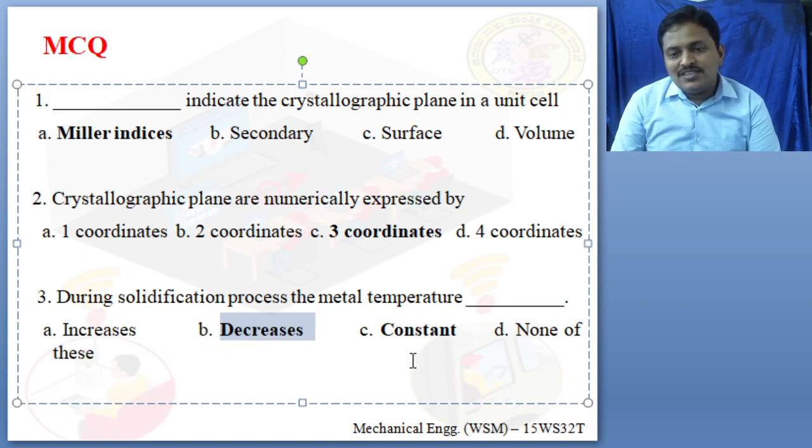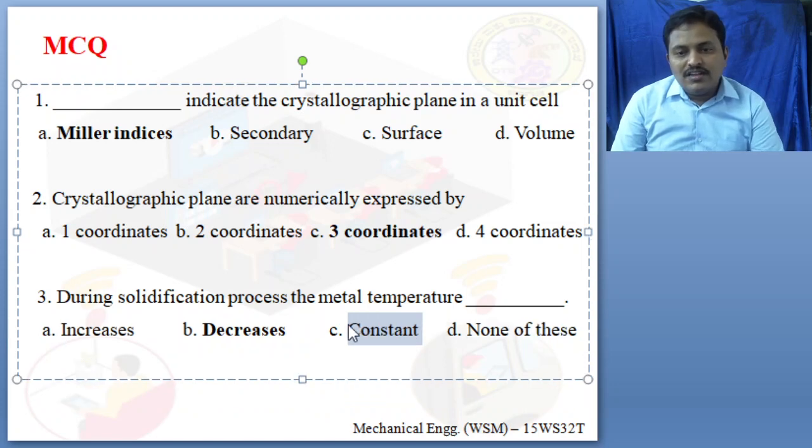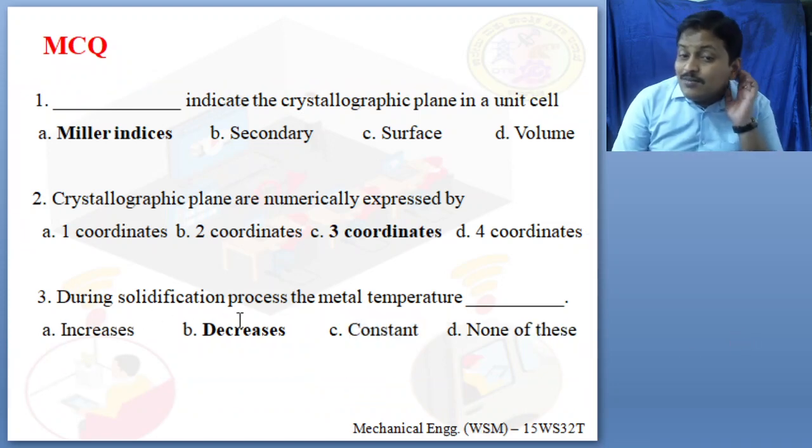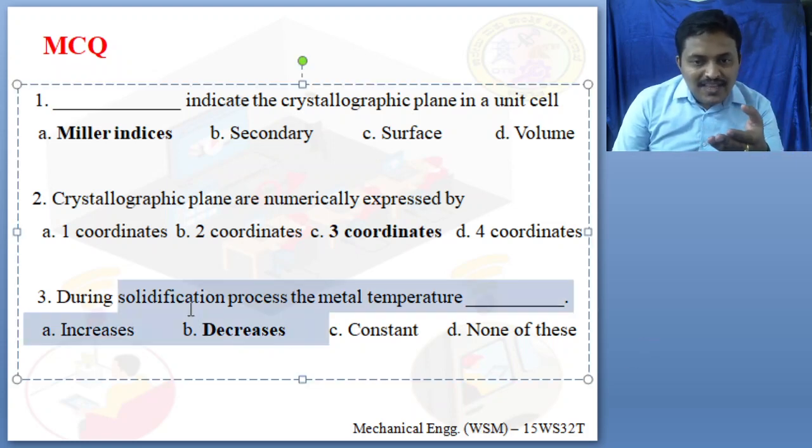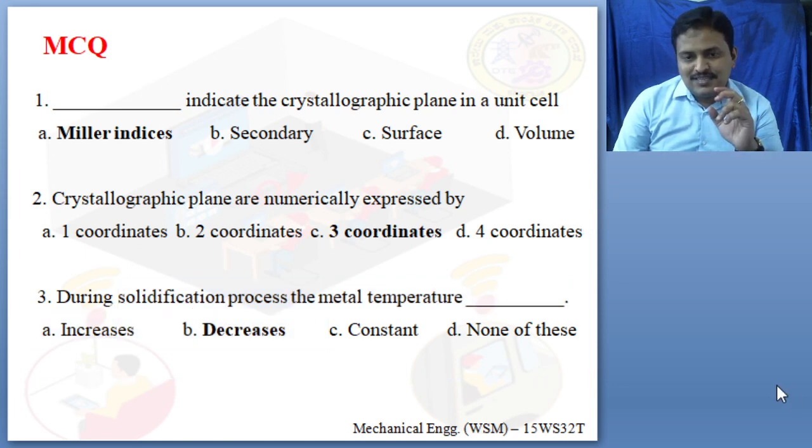It cannot be constant. I'm just checking whether you know it or not. The answer is decrease. Whatever they have written, that is not right, but you should understand the concept now. During the solidification process, meaning during the cooling process, what happens to the metal temperature? Decreases. So the answer is B, decreases.